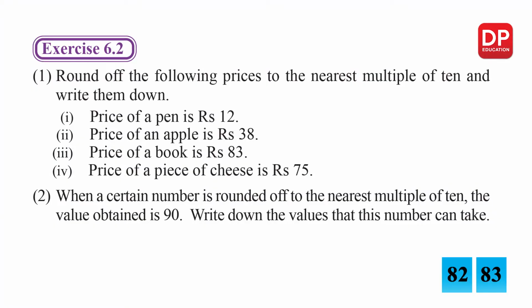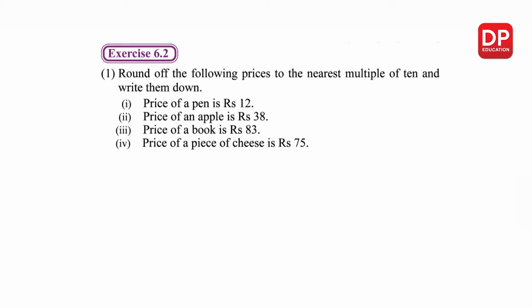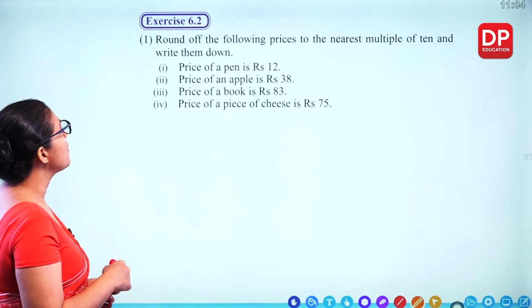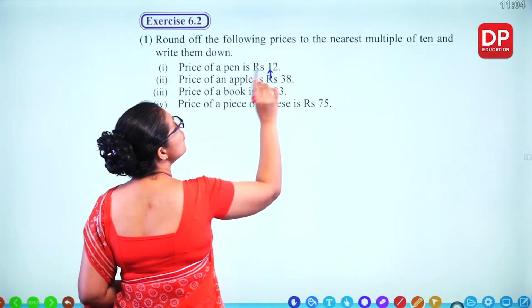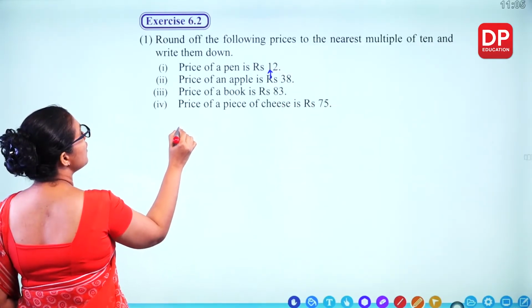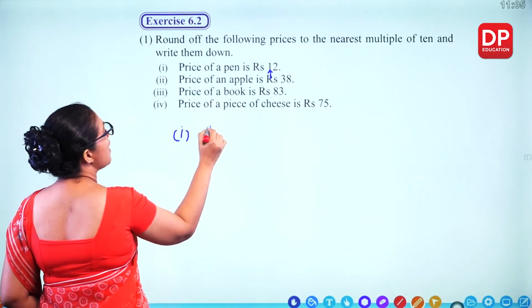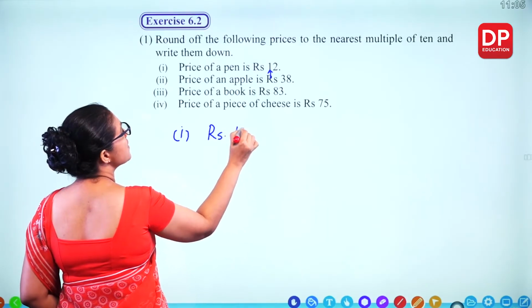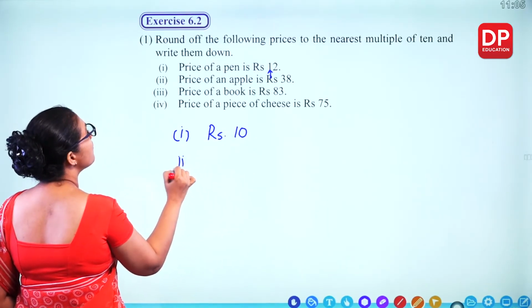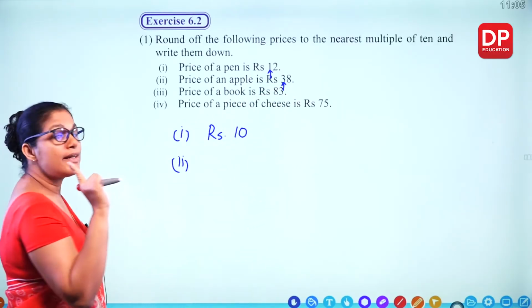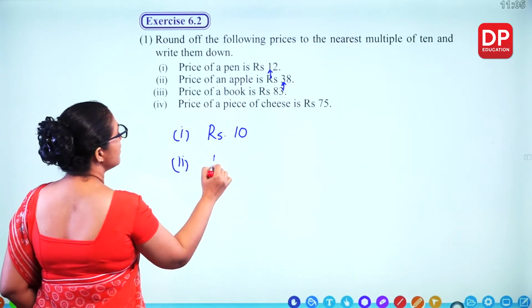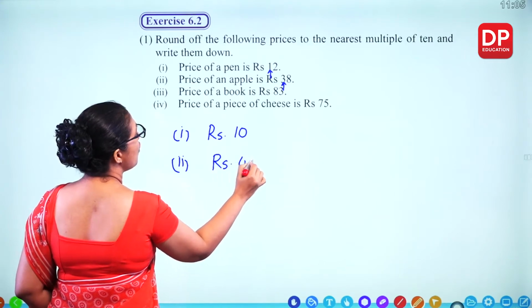Exercise 6.2. Round off the following prices to the nearest multiple of 10 and write them down. This is the tens place, so you don't add. So what's the value for the first one? That becomes 10 rupees. Second one, this is 38. So 8 is bigger than 5, you add 1. 40 rupees.